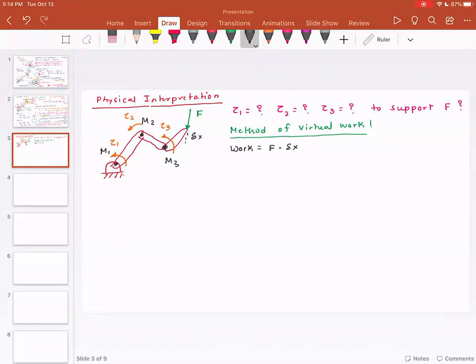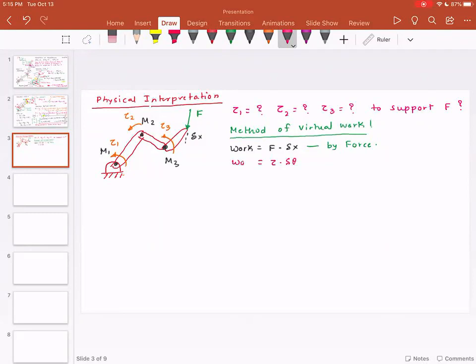Now, since there is nothing else, energy cannot be created nor destroyed, it can only change form. So this virtual work done by the force has to be equal to the virtual work dissipated, or virtual work done by the motor. So this is work done by force, and work done by motor is equal to tau multiplied by delta theta.